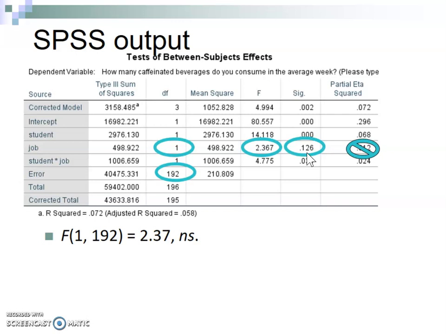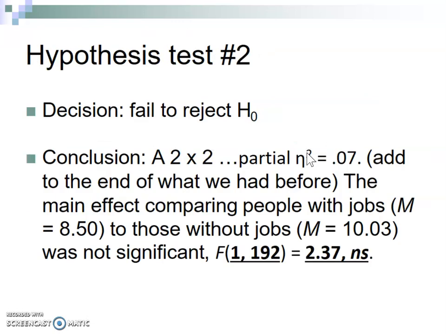Essentially, once we decided that our difference was not significant, what you're saying ultimately at that point is there is no effect. So it wouldn't make any sense to report your effect size because you already concluded that there is no effect or there is no difference. So we will just end that sentence by reporting our F statistic and then NS.